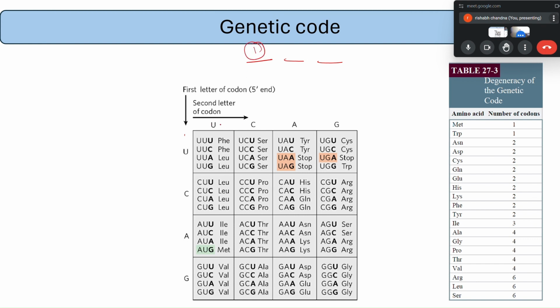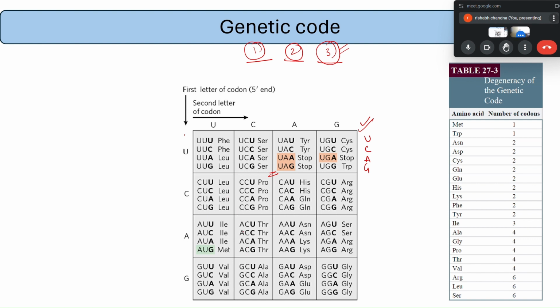The second letter is coded by this horizontal line, and here the third letter comes. We have UCAG, and that is repeated in all the boxes. Due to this third letter, the degeneracy occurs. Now, this is how we distribute different codons with the amino acids.